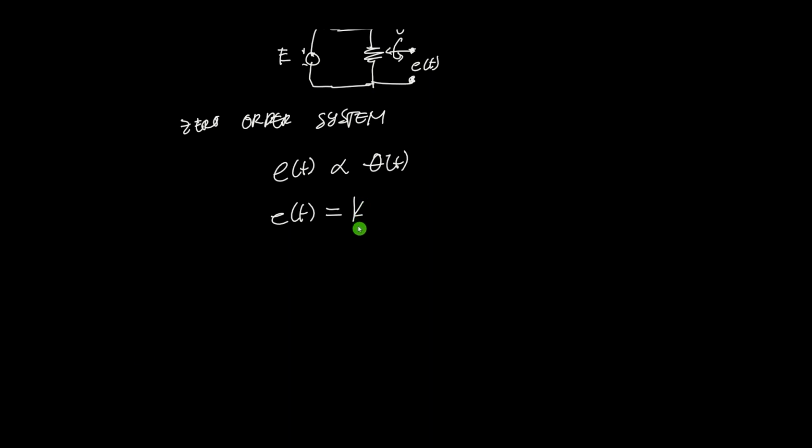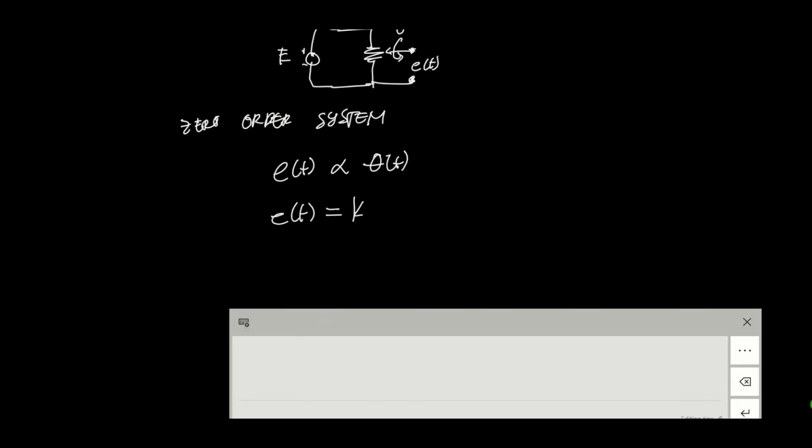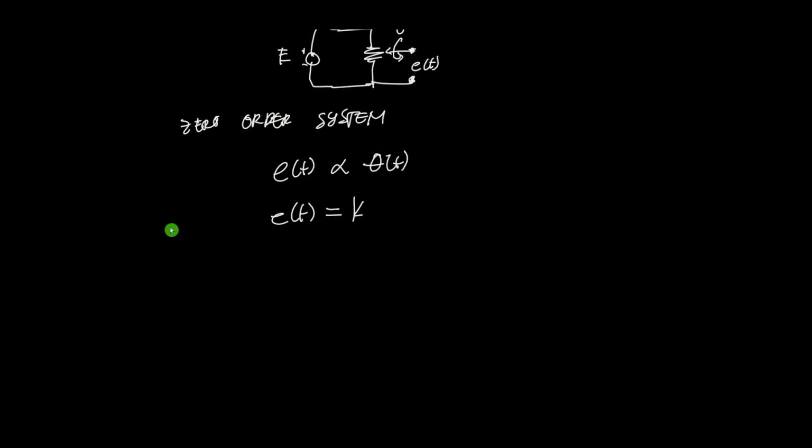And this constant, because E is voltage and theta is in radians, has units of volts per radian, multiplied by theta of t.